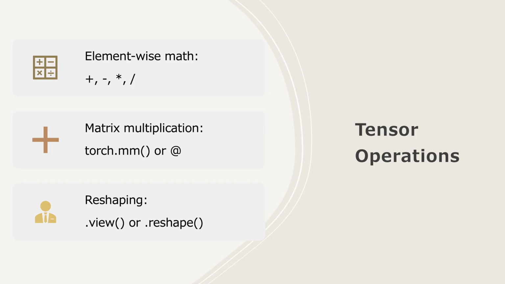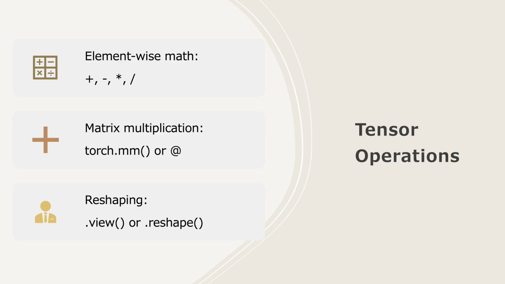Next, we have matrix multiplication, one of the most fundamental operations in machine learning. You can perform it using torch.mm or with the @ symbol, spoken as A at B. Matrix multiplication combines data in ways that form the backbone of neural network layers.